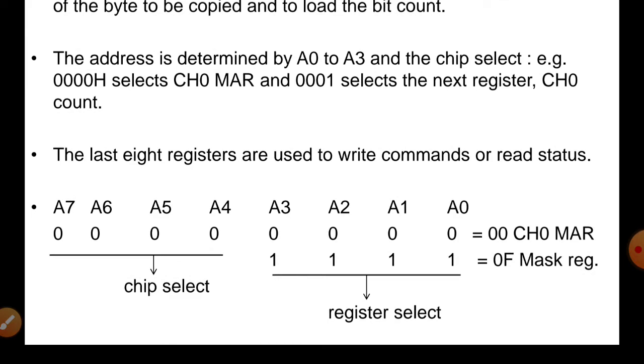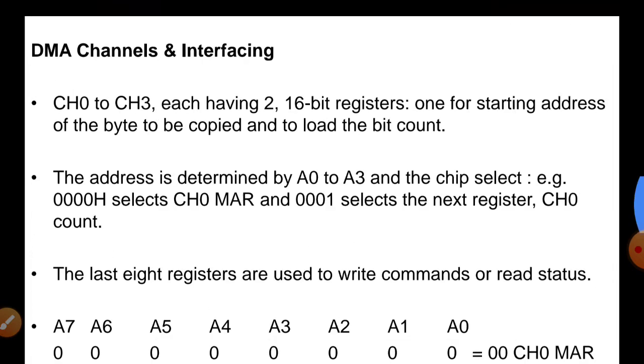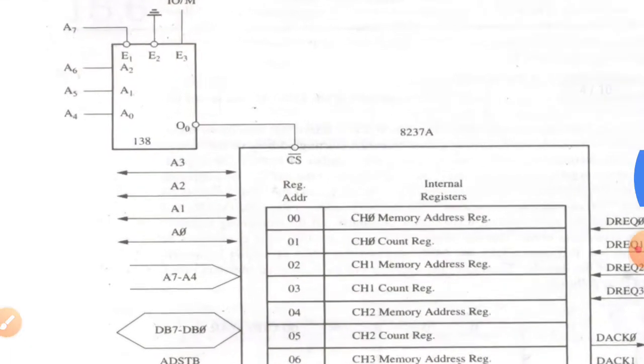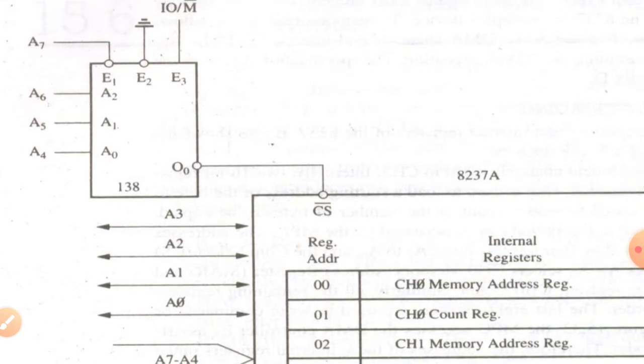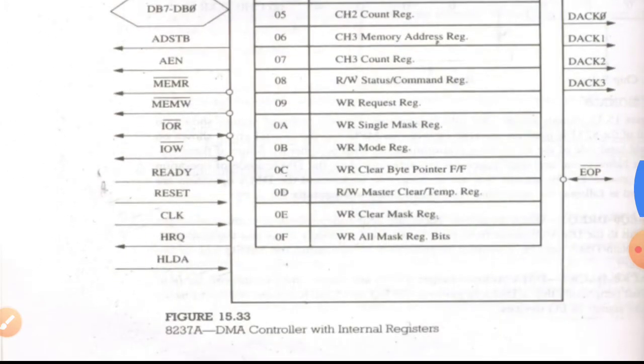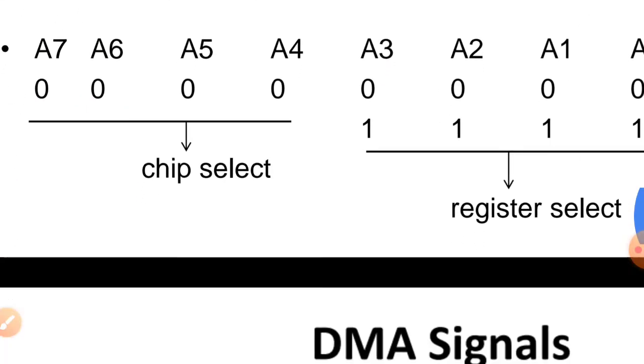Now, A7 to A4 is the chip select and A3 to A0 is the register select. As you see in this figure, since the chip select signal is connected to O0, the values of A4, A5, A6 and A7 will always remain 0 for selecting the particular chip, and it is the values of A0, A1, A2 and A3 that will determine the address of the individual register.